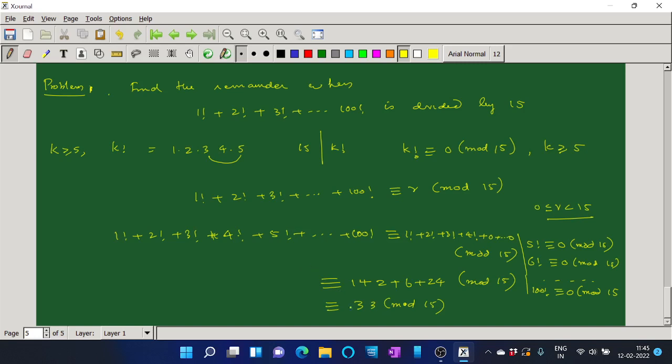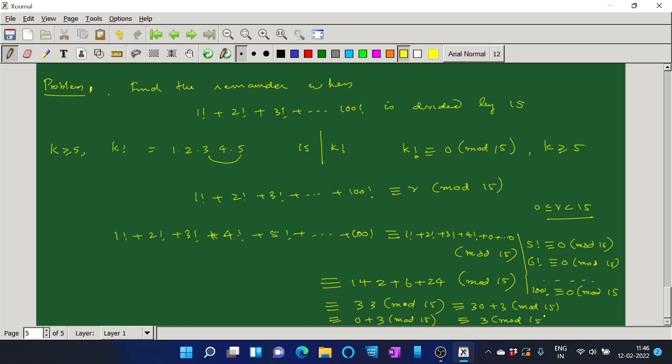And this is clearly congruent to 30 plus 3 mod 15. But 30 is congruent to 0 mod 15, and therefore it is only 0 plus 3 mod 15, which is congruent to 3 mod 15.